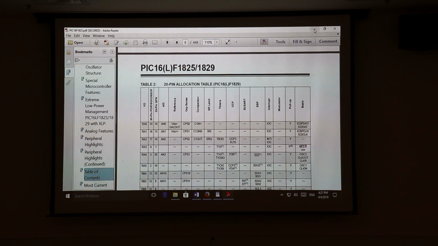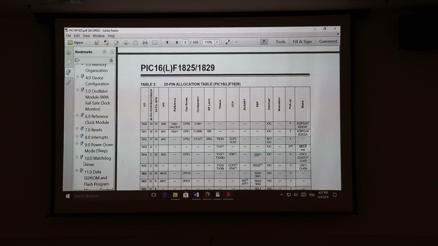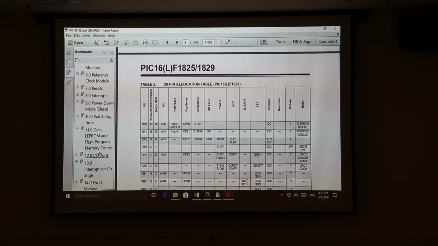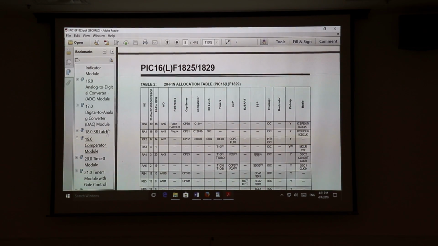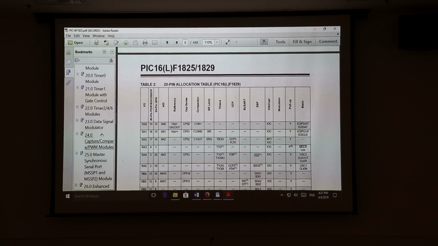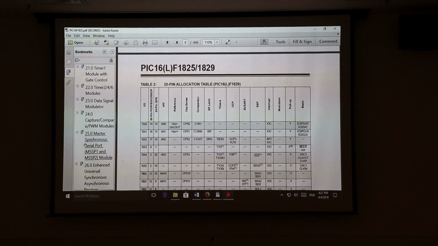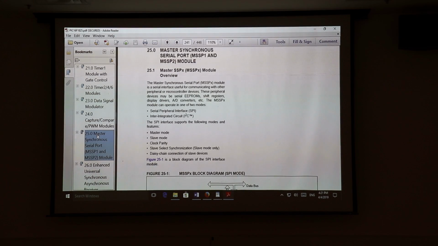So if you go to the serial data module, the SSP synchronous serial port, which is the master synchronous serial port, MSSP1 and MSSP2.